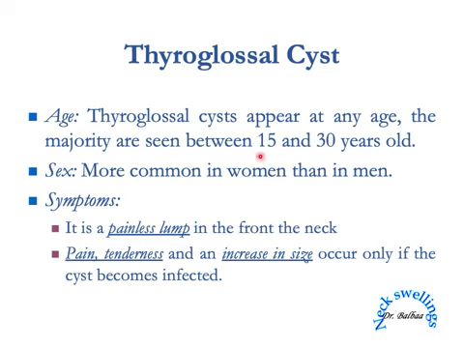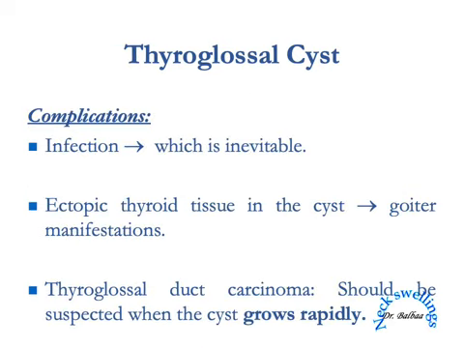Women are affected more than men, and the main symptom will be a painless lump in the front of the neck. If it becomes infected, it will increase in size, it will present with pain, and it will be tender on examination. It may present with some other complication, as we said, like infection.